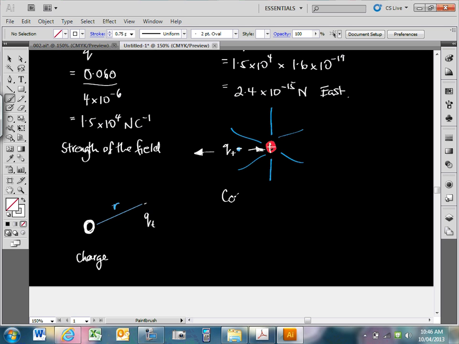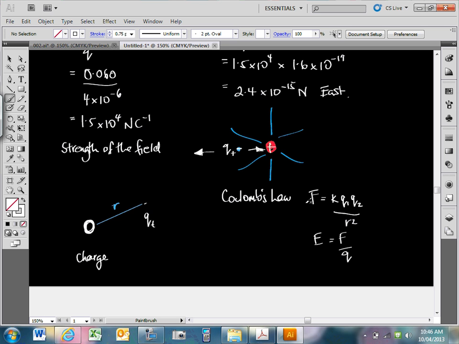Coulomb's law: F equals kQ1Q2 on r squared. E equals F on Q.